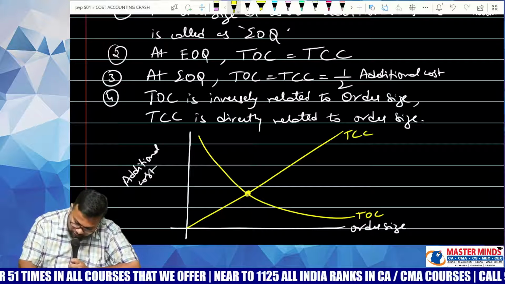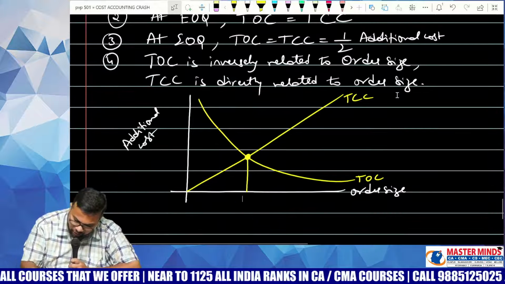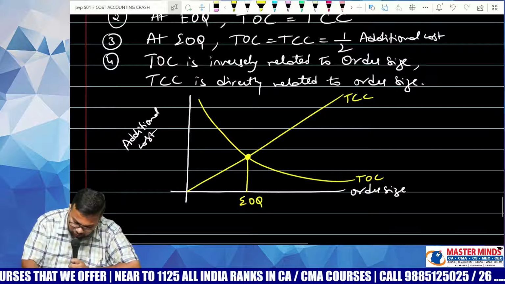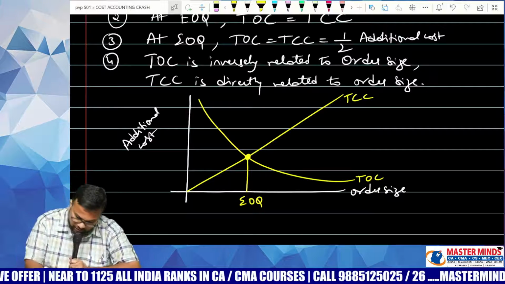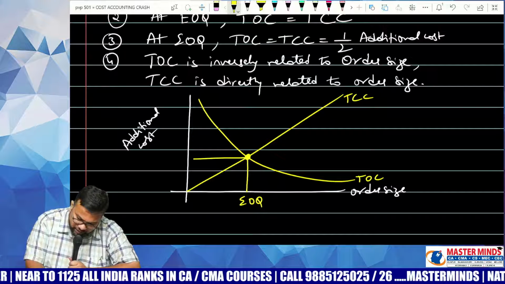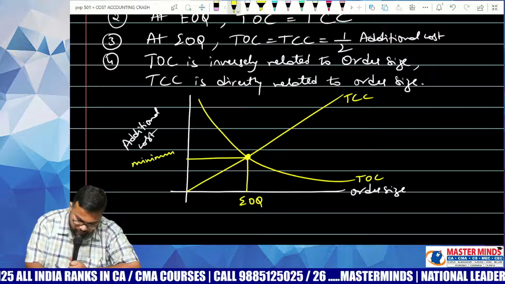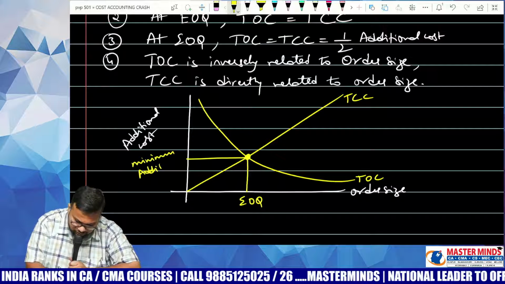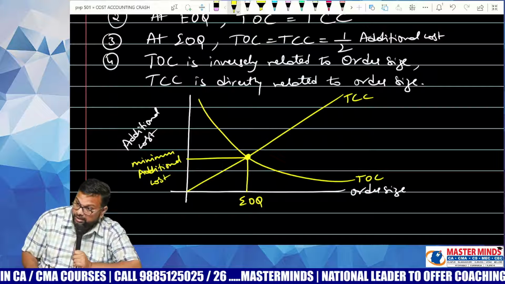The point where TOC is equal to TCC, at that point, whatever order size we have, that order size is called as EOQ. And whatever the cost we get, that is called as minimum additional cost.